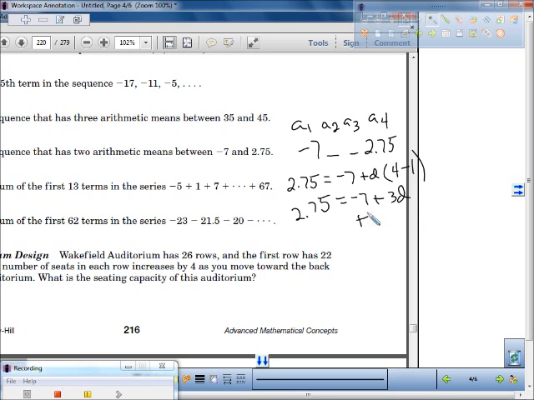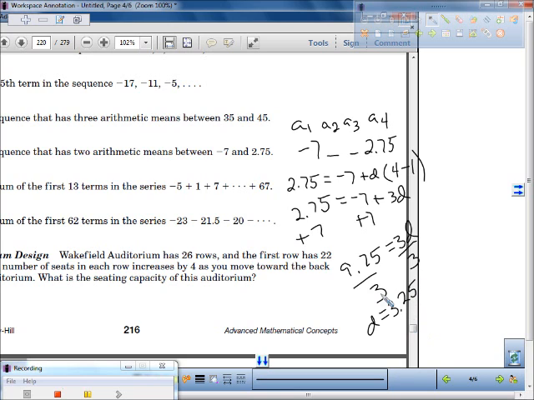Then we'll add 7 so that we get 9.75 is equal to 3d. Divide both sides by 3, and we end up with our common difference of 3.25 in this particular case.